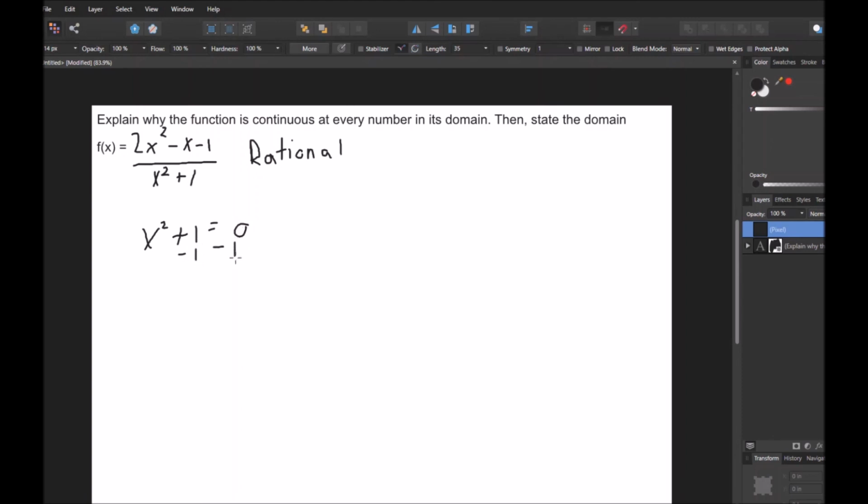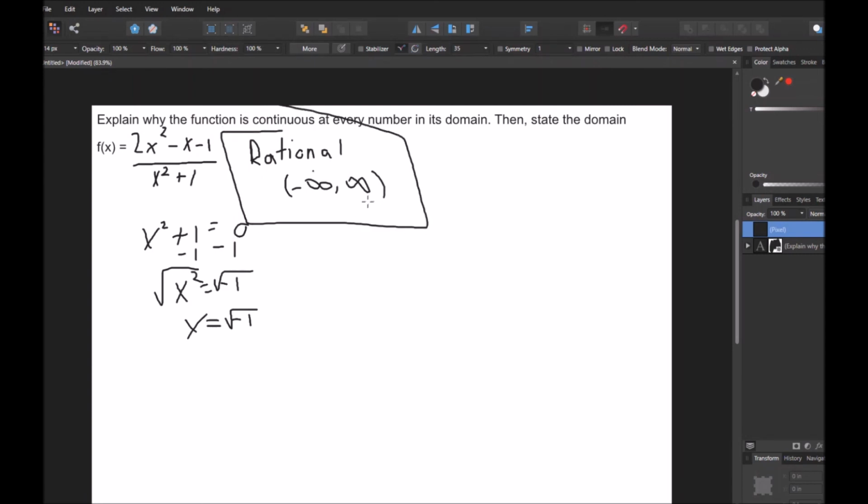Then we subtract 1. Then we have x squared equals -1. And in order to get rid of a square, we take the square root. And we have x equals the square root of -1, which is an imaginary number. Meaning that our interval would be -infinity to infinity. There is no number to make the denominator 0. So that's how I do that one.